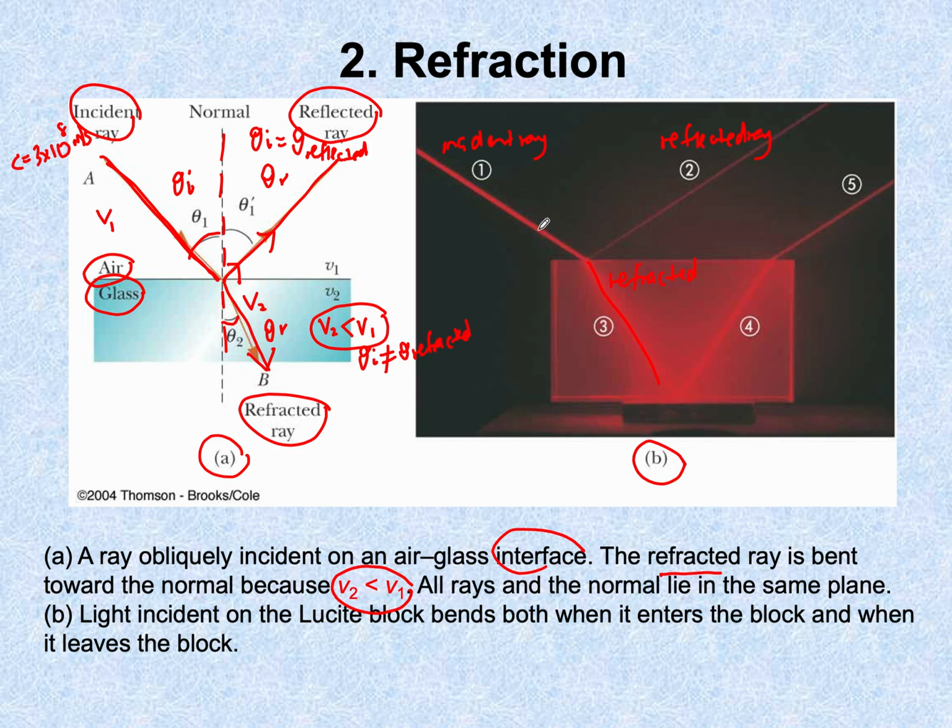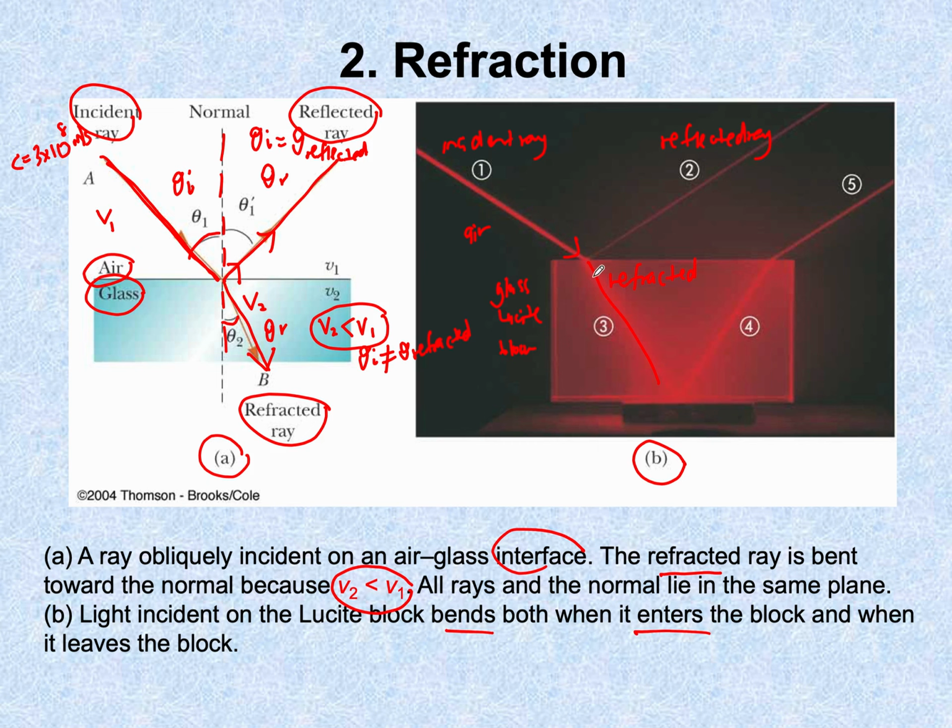So if the light passes through a different medium, here air and this glass or lucite block, the ray will be reflected and refracted. The ray bends both when it enters the block and when it leaves the block.